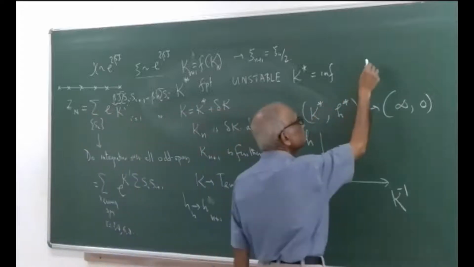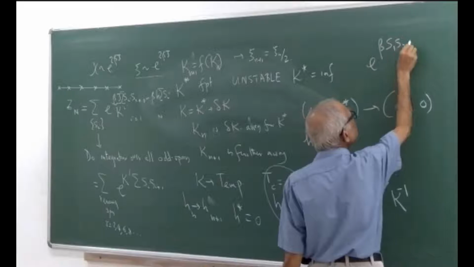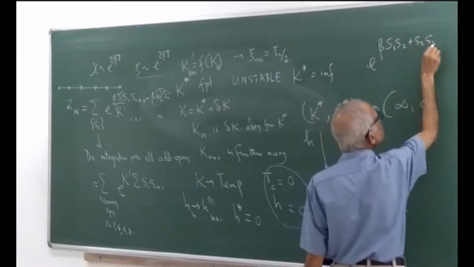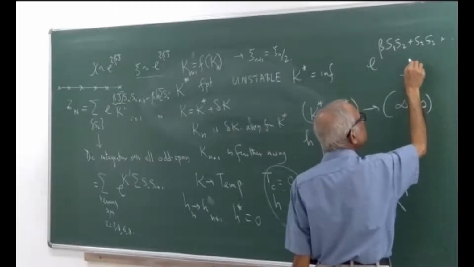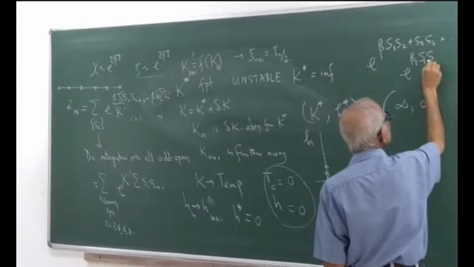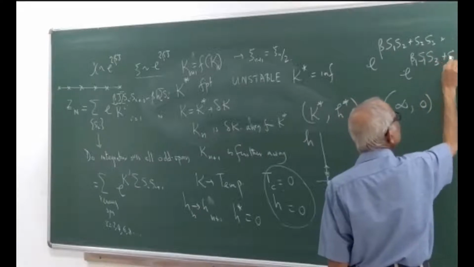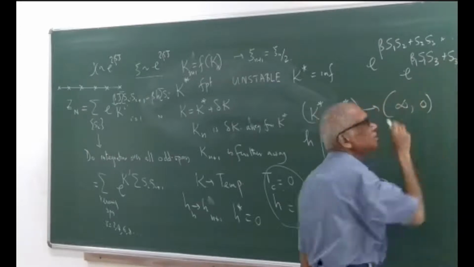What I'm saying is this, that if I started with beta times S1 S2 plus S2 S3 and so on, times e to the power, let's say, beta J1 times S1 S3 plus S3 S5 and so on.